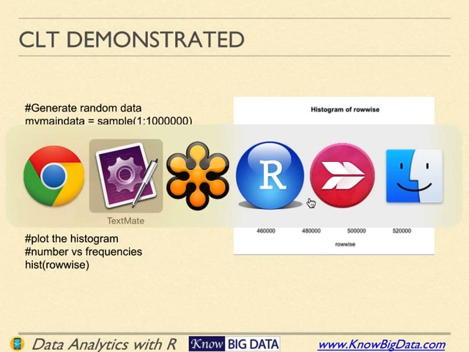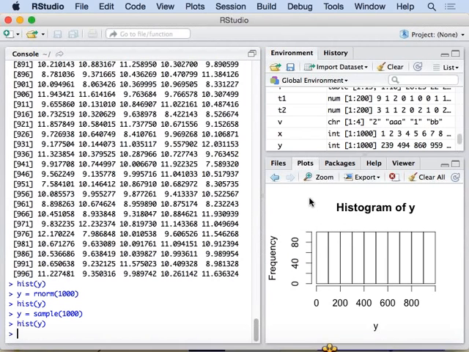Okay, the mean of all the samples is always going to be a normal distribution.